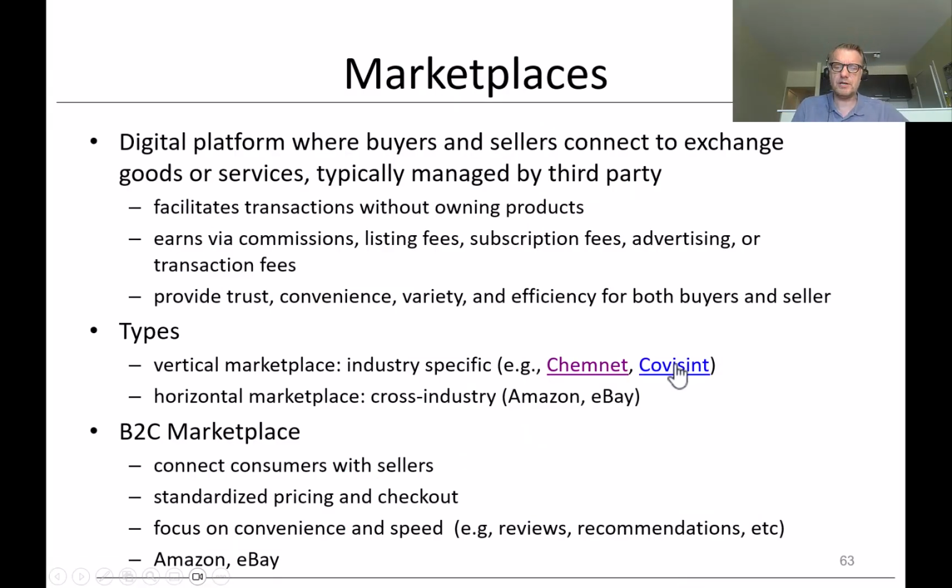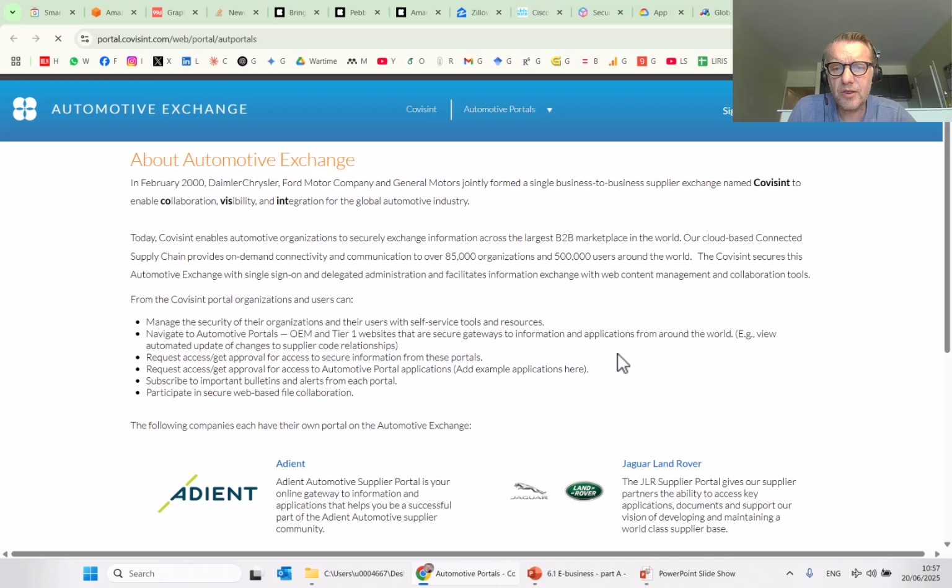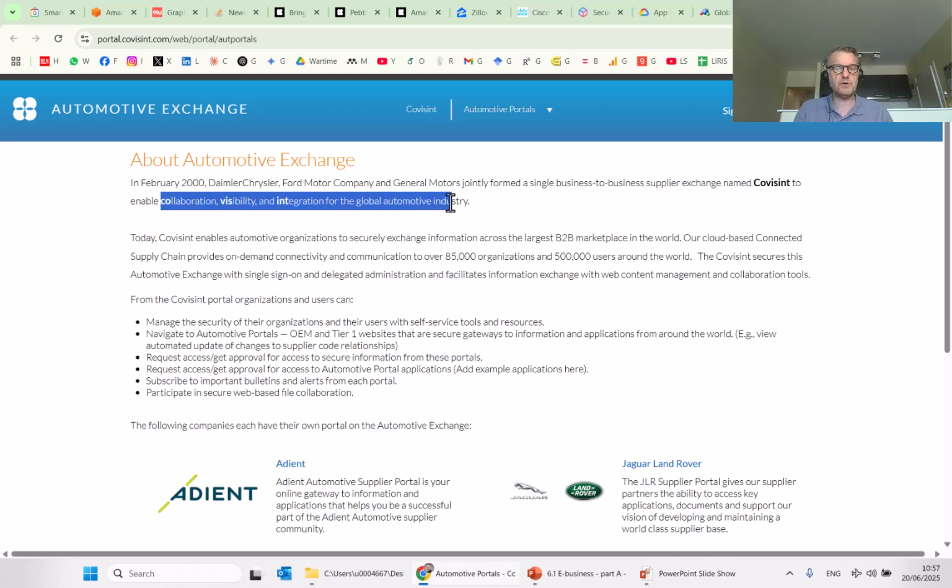Covisint is the same, but in the car industry, right? It was founded by Daimler Chrysler, Ford, and General Motors as a business-to-business supplier exchange to enable collaboration, visibility, and integration for the global automotive industry.